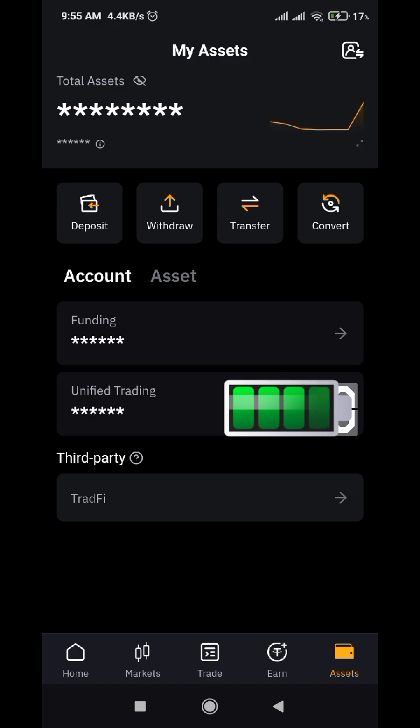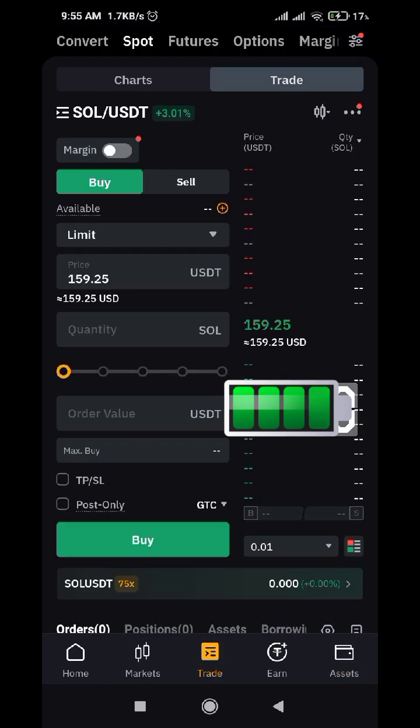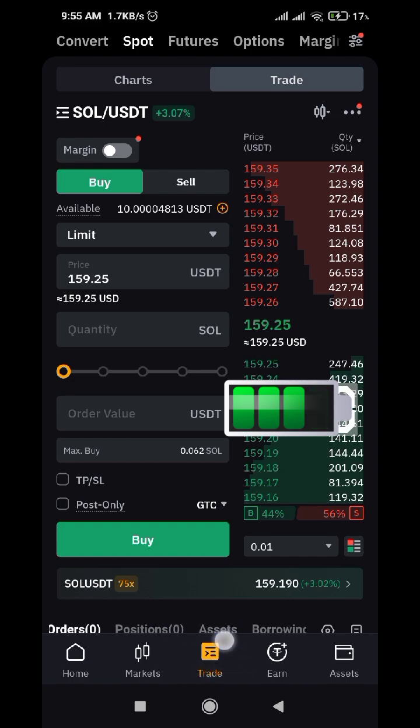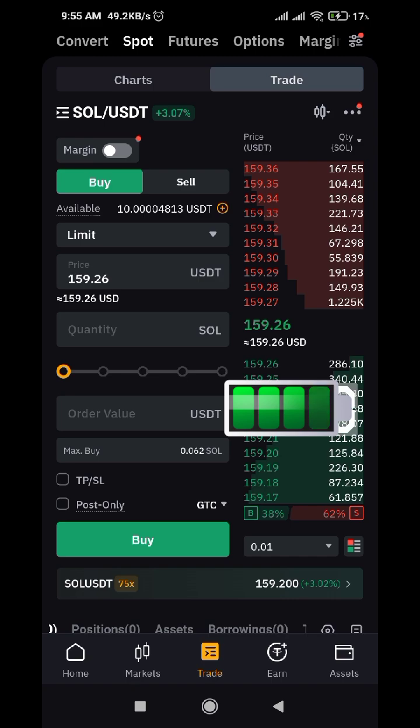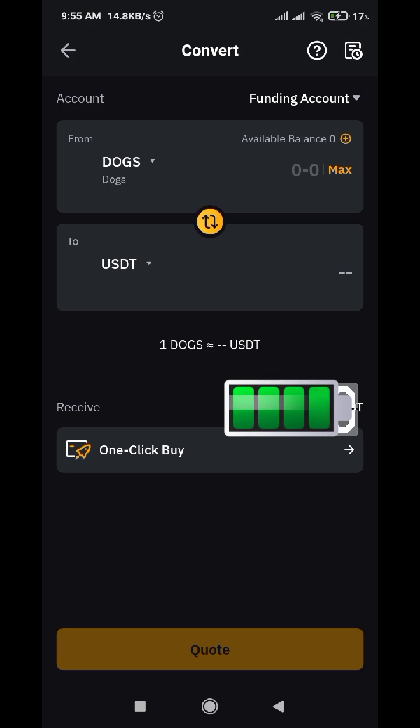After it's been transferred, you move to trade. This is where trade is. You're going to see it under like the third button in your Bybit account. Then you see the first one up is convert, the second one is spot, the third one is futures. I'm going to be explaining these three quickly. Convert is for us to convert whatsoever money we have in US dollars, or whatsoever money we want to change from one token or one coin to the other.